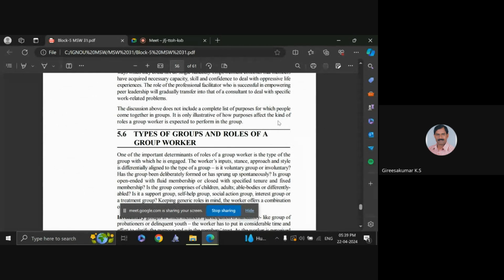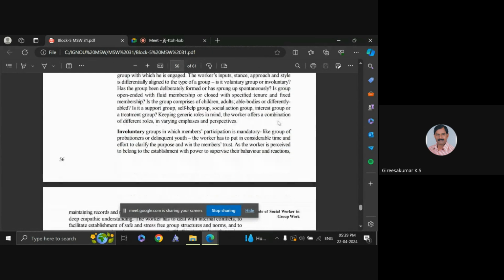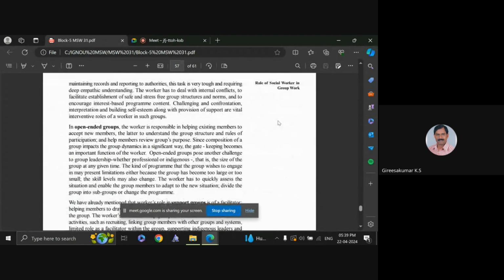Types of groups and roles of a group. Involuntary groups are there. Then open-ended groups. Involuntary groups work involuntarily: challenging and confirmation, repetition, and reality test.